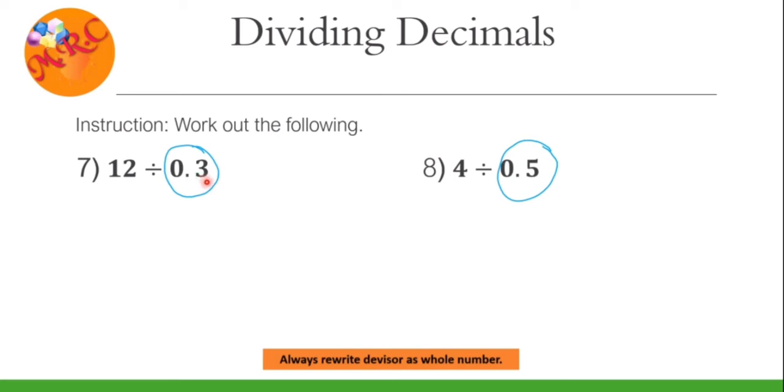If it was two digits, we multiply by 100. If it was three digits, we multiply by 1,000. So since it's one digit, we multiply by 10. And if I'm multiplying 0.3 by 10, I need to also multiply 12 by 10.